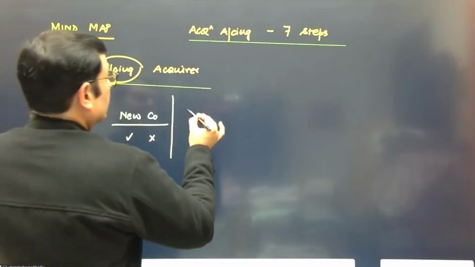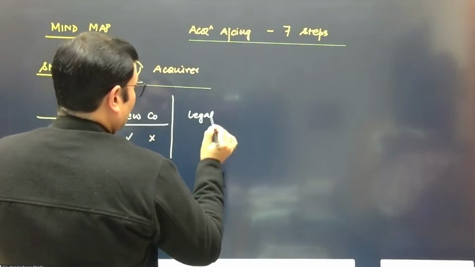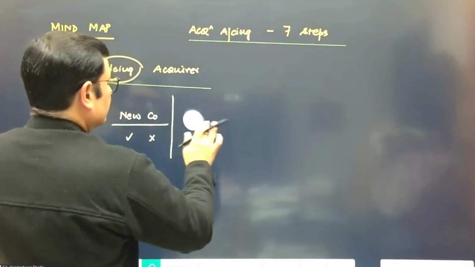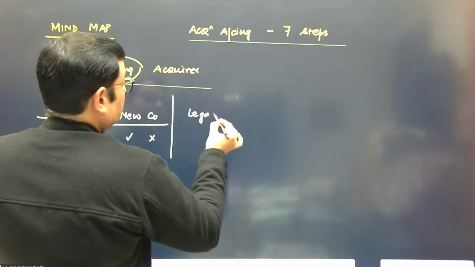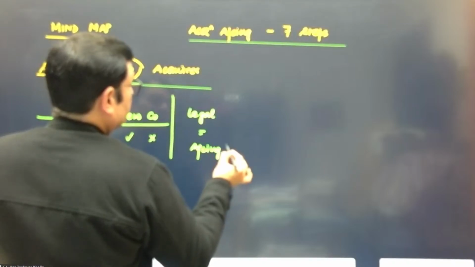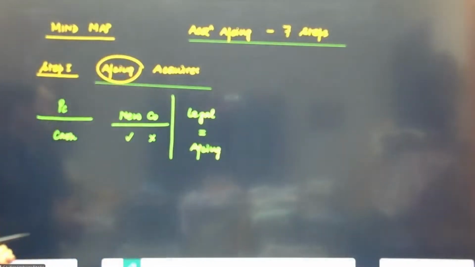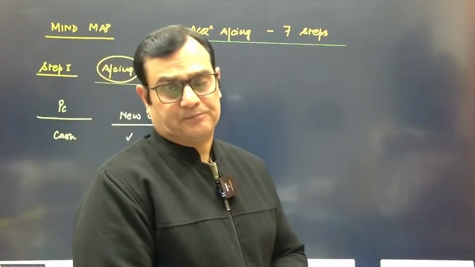In this case, the legal acquirer as well as the accounting acquirer is always the same, because your percentage share can never get diluted. So it's never a case of reverse acquisition. The legal and accounting acquirer will always be the same.